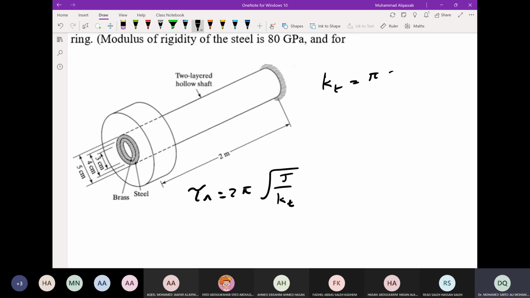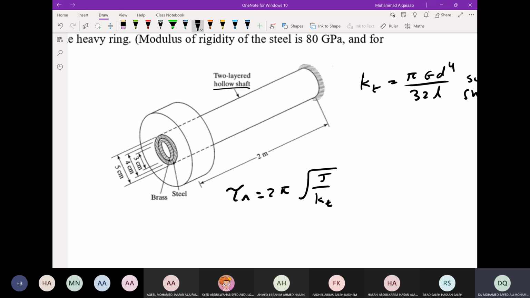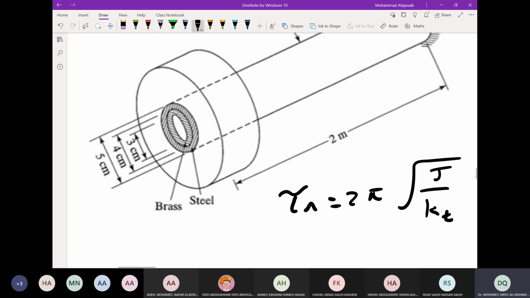is pi G d to power 4 over 32L for a solid shaft. For hollow, the two layers, hollow shafts we have. There are two shafts as you can see, not one inside the other one.